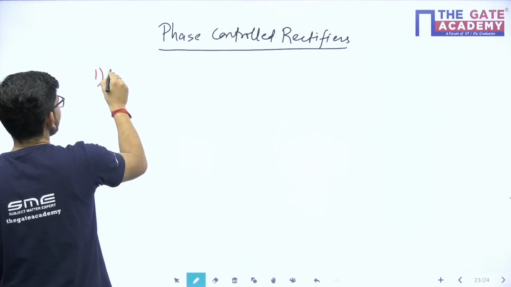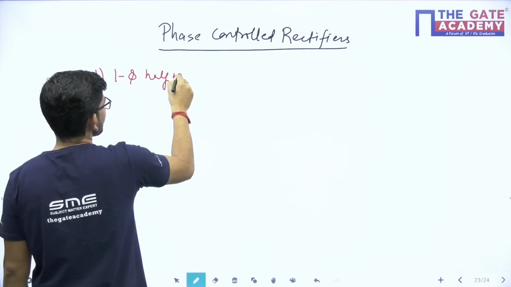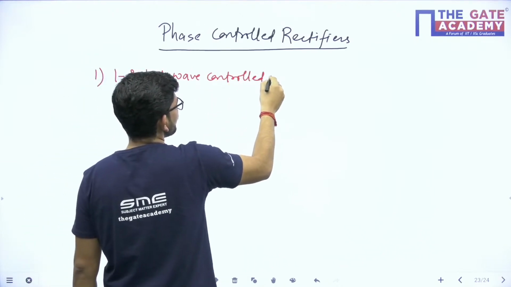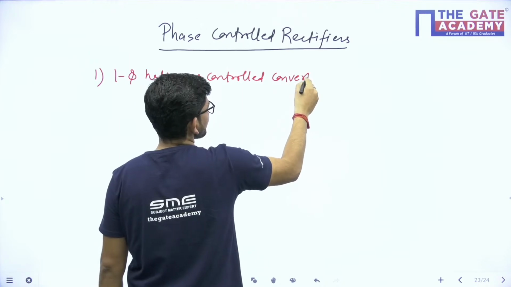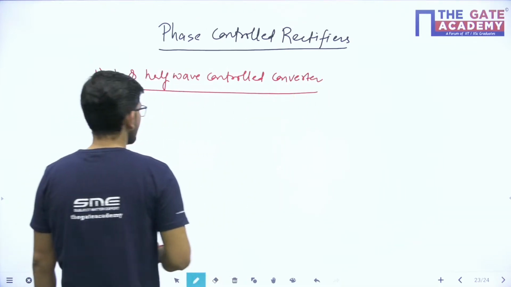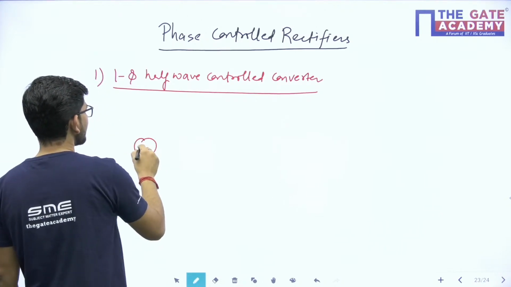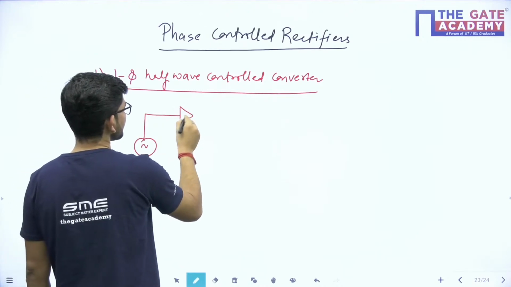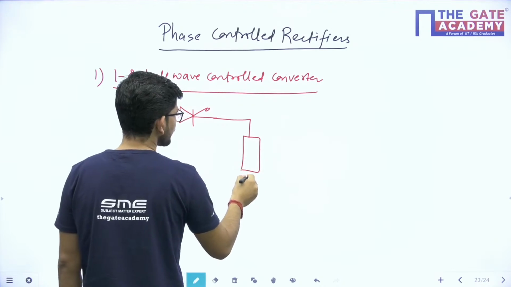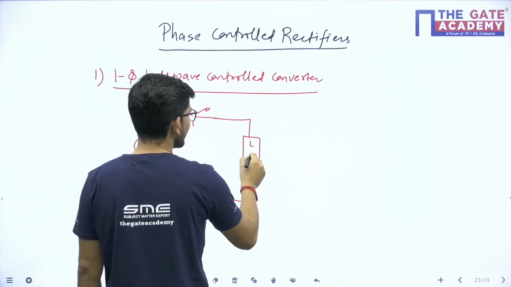If I talk about the single phase half wave controlled converter, the circuit looks something like this. We have an AC source and we have a thyristor connected between the source and the load.